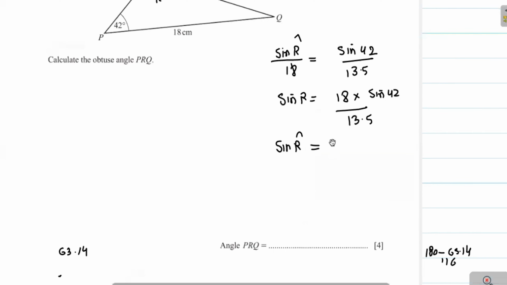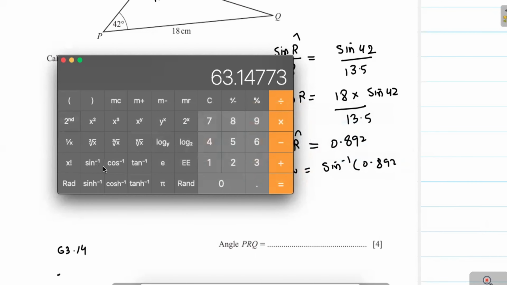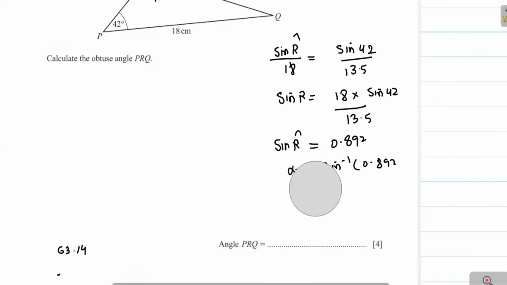We write here 0.892. Now the acute angle value alpha will be equal to sine inverse 0.892, and this value is equal to 63.14.